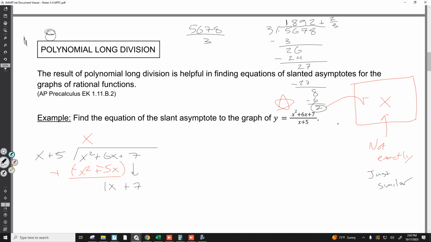Now, just like we did here, we try to get rid of the next thing that's left over. Okay, I need to get rid of the x plus 7. I need 1 times x plus 5, which is x plus 5. We subtract those.